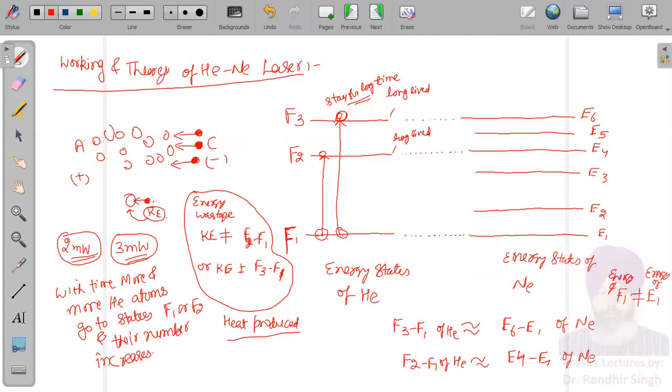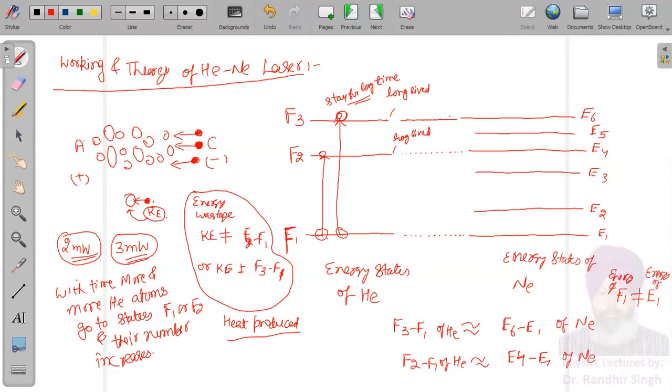Suppose these bigger circles are, let us say, neon. When an excited helium collides with neon, there will be energy transfer.